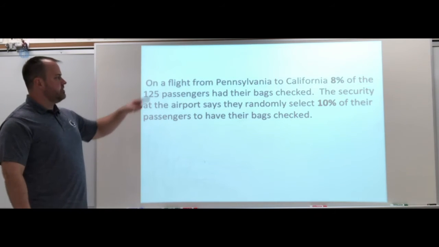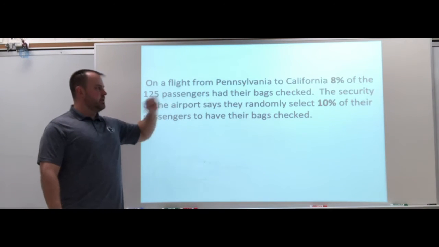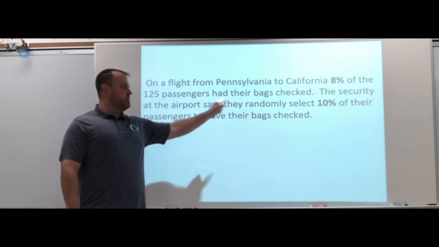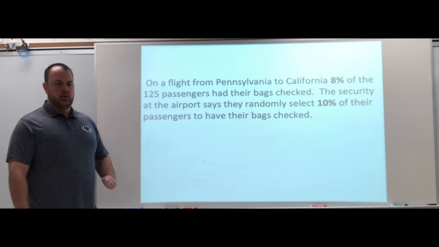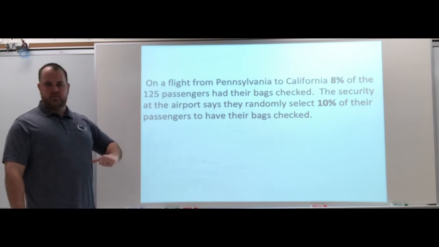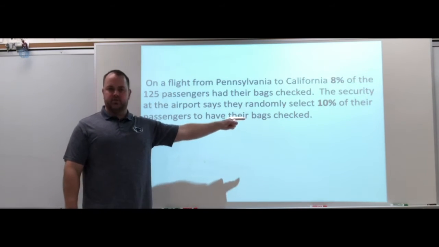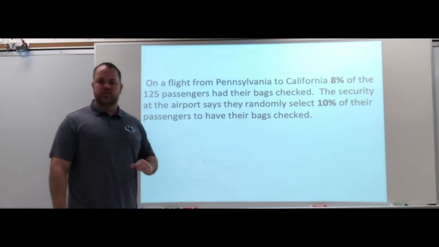Okay, reading through this, Pennsylvania, California flight, 8% of the 125 passengers had their bags checked. Security states that they randomly select 10% of their passengers to have those bags checked. Okay? So 8%, 10%. That 10% is what security is saying about all passengers. All the passengers that come through that airport, they say 10% are going to be checked.